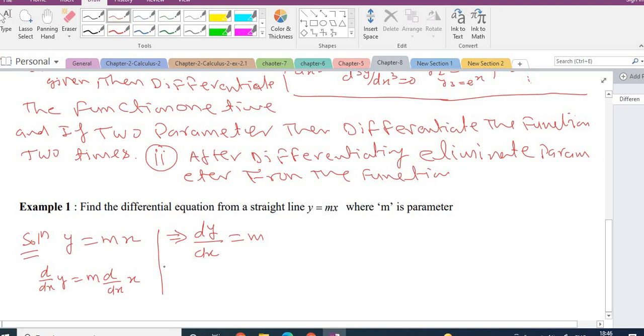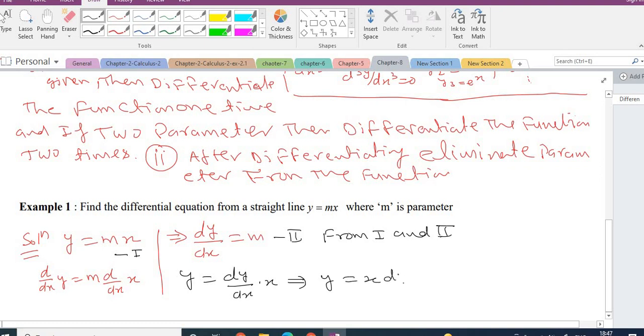After that, what do we have to do? Eliminate this m from the equation. So I am assuming this is equation number 1 and this is equation number 2. Using first and second equations, y = m, where m is dy/dx, multiplied by x, or we can say y = x dy/dx. See, there is no parameter available and this has a derivative also.